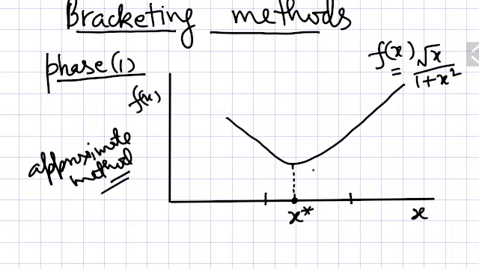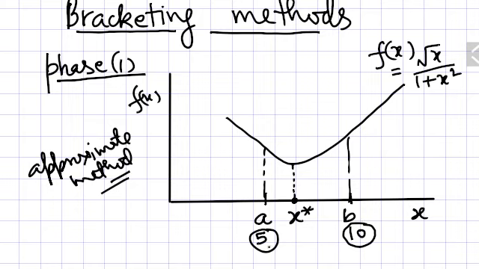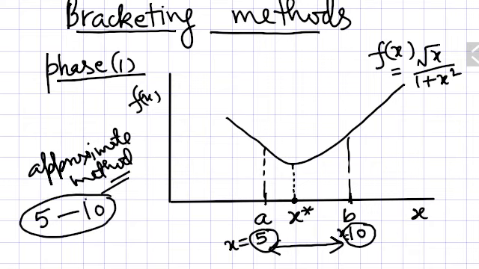This approximate method will find this limit, suppose 5 and 10. So now you are sure that your minimum is lying between x equal to 5 and x equal to 10. This is the aim of phase 1, to find the limit. Your minimum is lying between these 2 points.